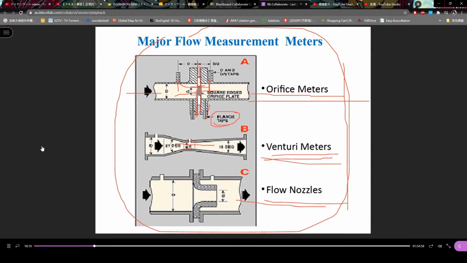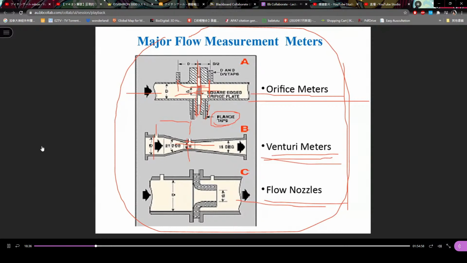This is a narrowed part. We measure the pressure between the inlet and the narrowed part, the pressure difference. Of course, we must know the cross-section area, or diameter, or radius, and we can calculate the flow rate. We'll derive these 2 equations as well.